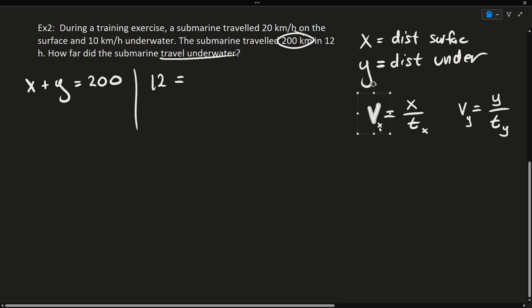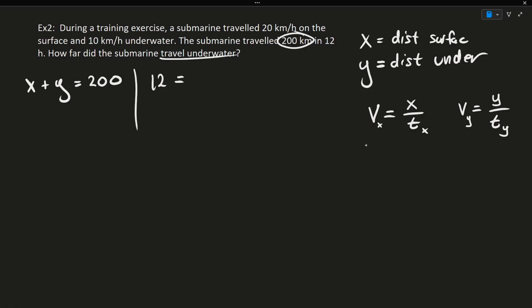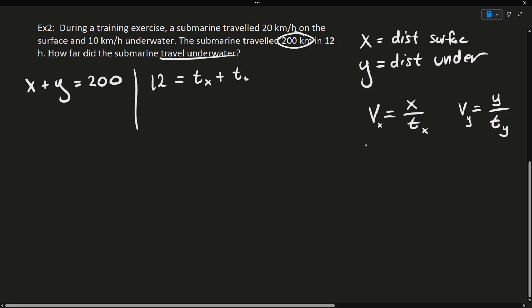So the velocity that the submarine had while traveling x, or across the surface, is equal to the distance traveled across the surface divided by the time traveled above the surface. Sorry, I said under the surface at first; I meant above the surface here.